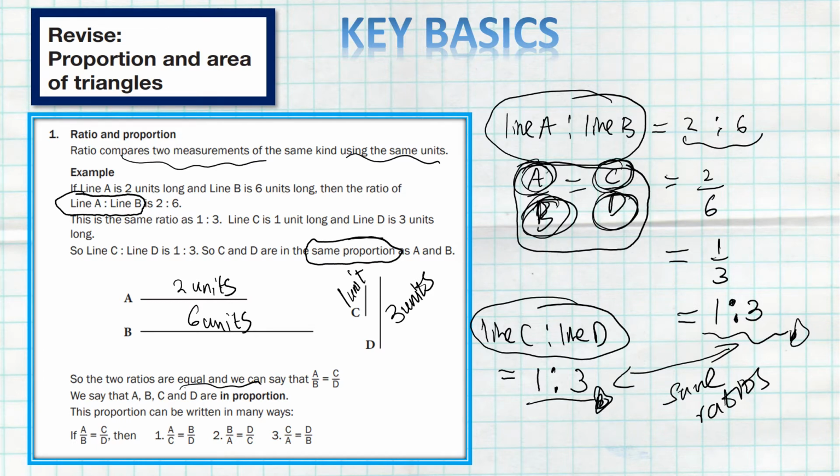D over C. So you must follow that same sequence. Or someone can say C over A, then they start with C followed by A, then you'll follow with D over B. So those are the many different ways in which you can write that proportionality.